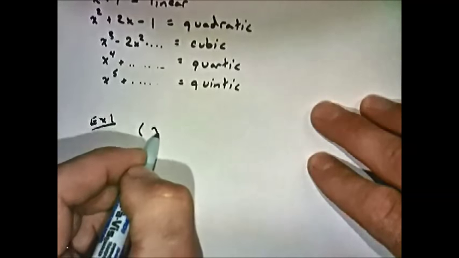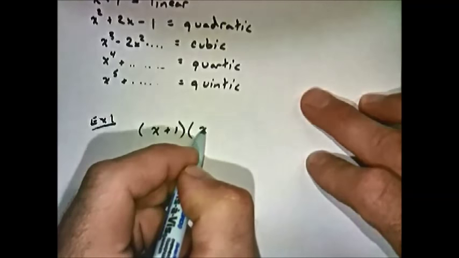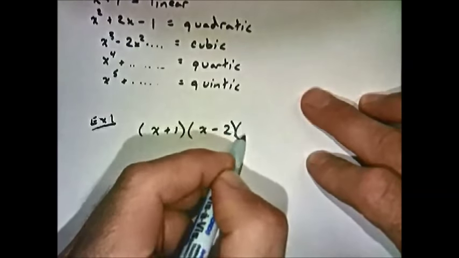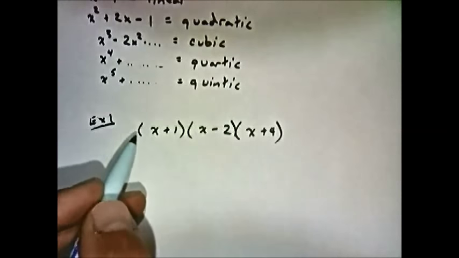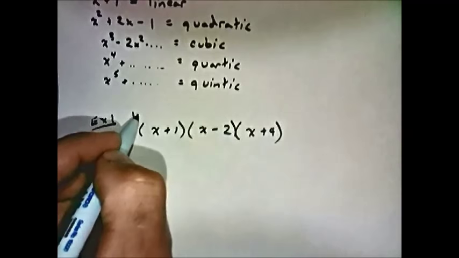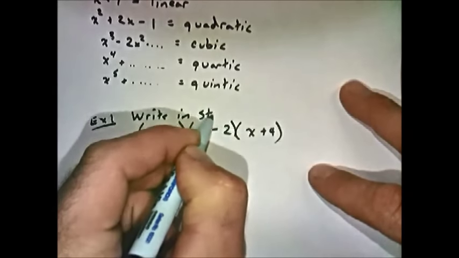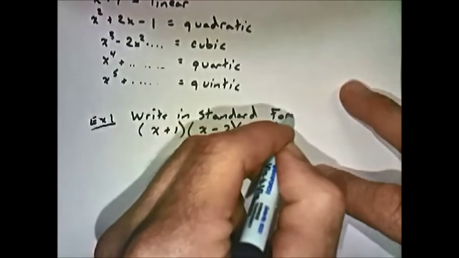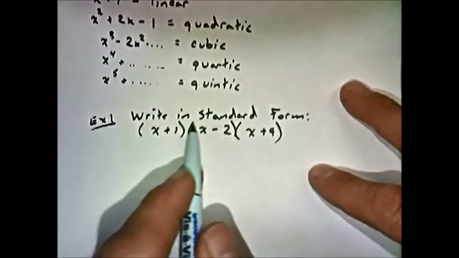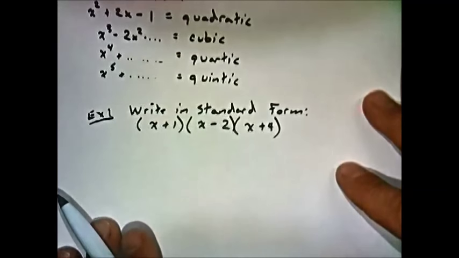If I give you the factored form of x plus 1, and let's say x minus 2 and x plus 4, to write this in standard form, all I have to do is multiply these three together, which we've done in the past.